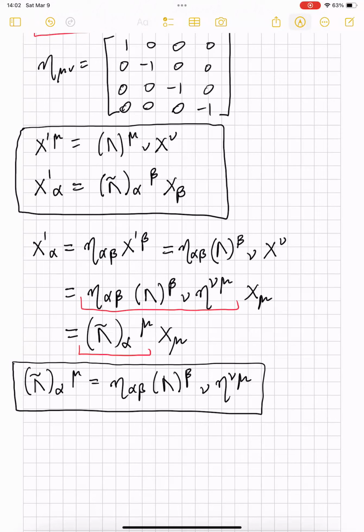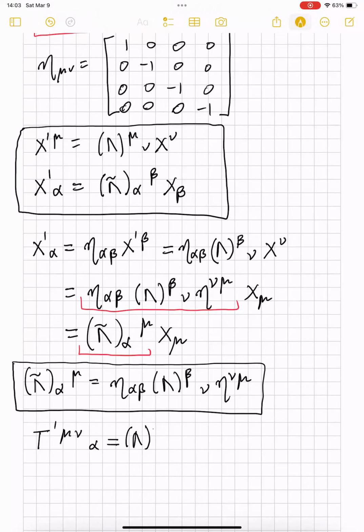Now that we know how both covariant and contravariant indices transform, we can work out the transformation rule for any tensor. For example, let's consider T primed mu nu alpha. This is a rank 3 tensor. It has two contravariant indices and one covariant index.